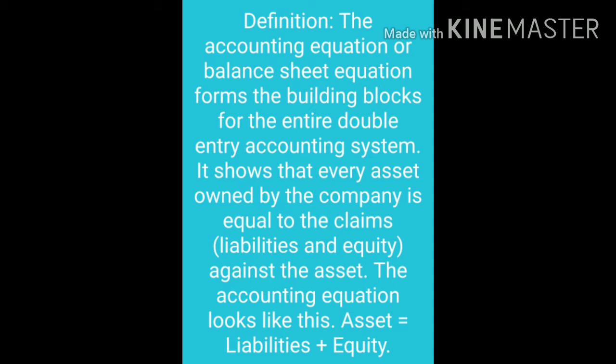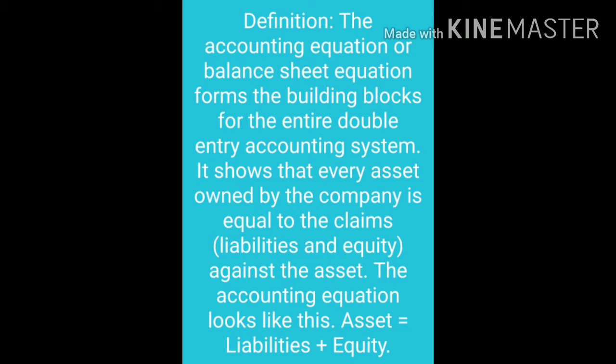The accounting equation, or balance sheet equation, forms the building blocks for the entire double entry accounting system. It shows that every asset owned by the company is equal to the claims, in quote unquote, liabilities and equity against the assets.